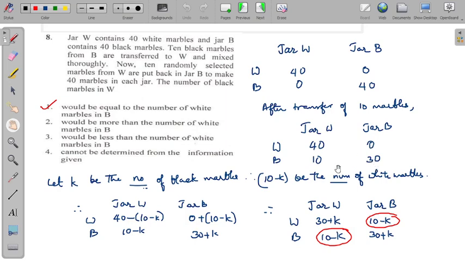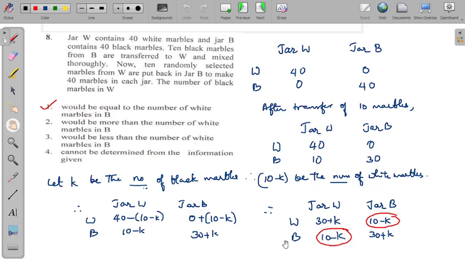Now 10 randomly selected marbles from W are put back into jar B to make 40 marbles. Now I have to mix these 40 plus 10, a total of 50 marbles, and take 10 randomly from jar W and put them back into jar B.